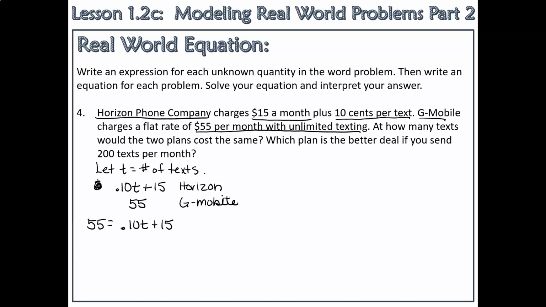Okay, if we solve that equation, we're going to find the number of texts that they are going to cost the same. So I'm going to subtract 15 from both sides.